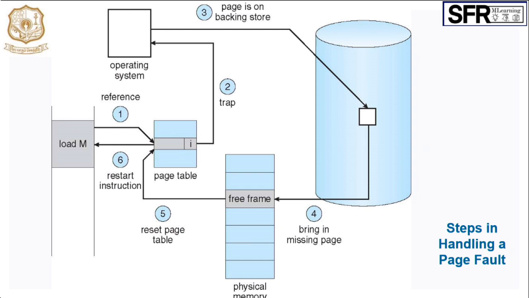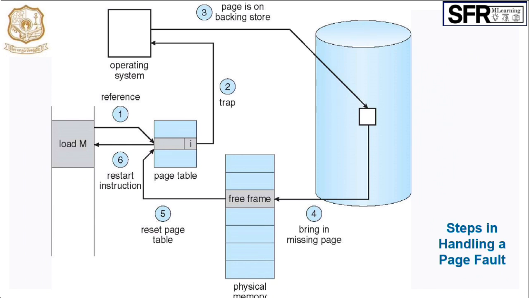Then there will be a trap to the OS. Trap means an interrupt to the operating system, telling that I am in need of this page, but this page is not available here. That message will be conveyed to the OS via the trap. Step 2 is over, and next the OS will take care of this page fault.